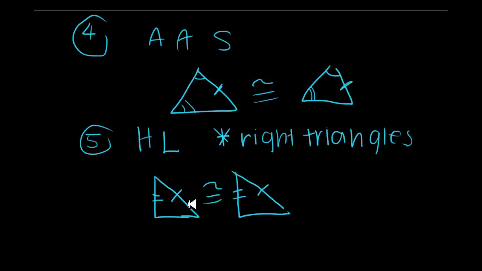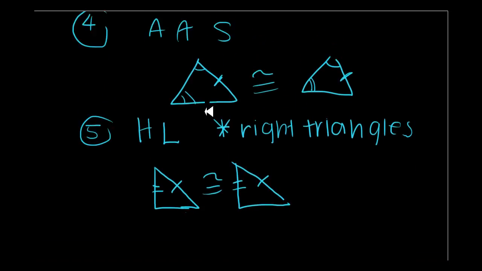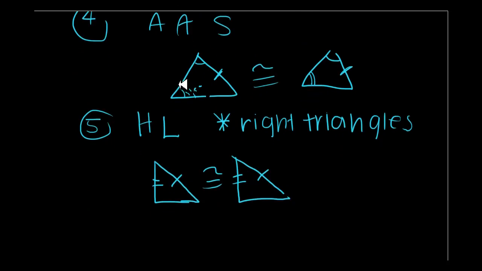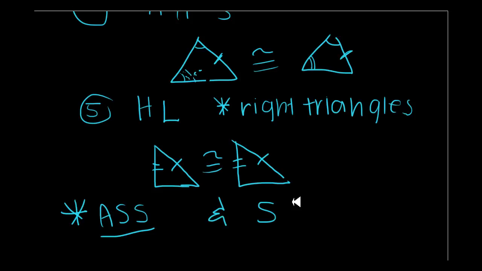Now, there are also rules to this. I know that different formations of the letters make different theorems, but remember, okay, the theorem ASS does not exist. Do not laugh. ASS does not exist. Also remember, SSA doesn't exist either.